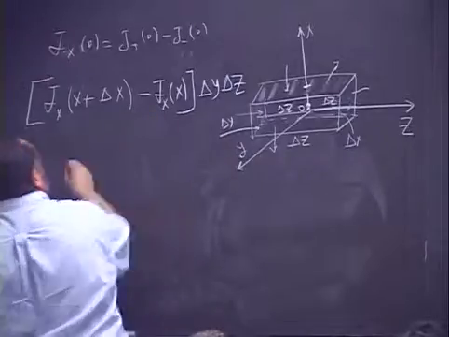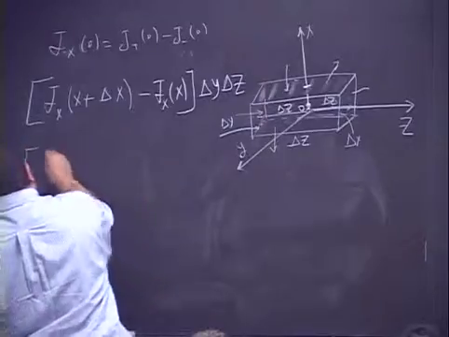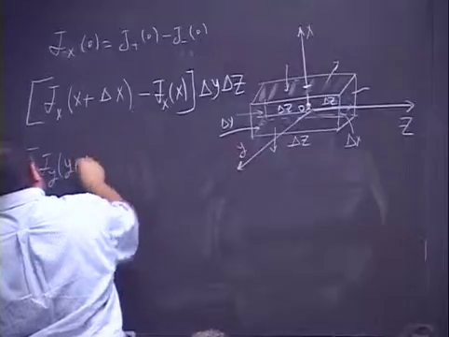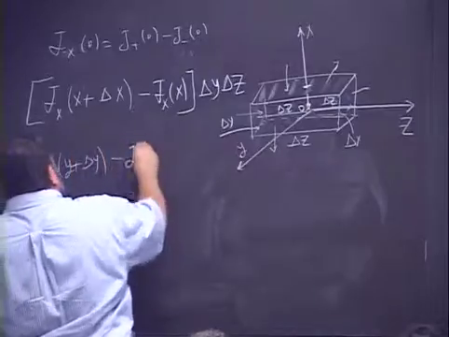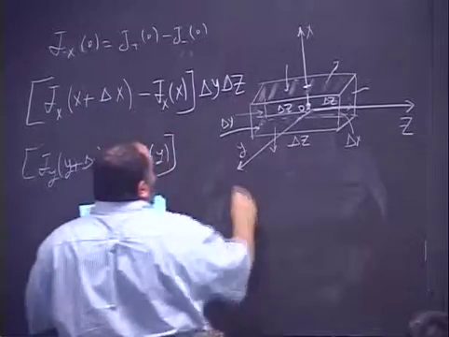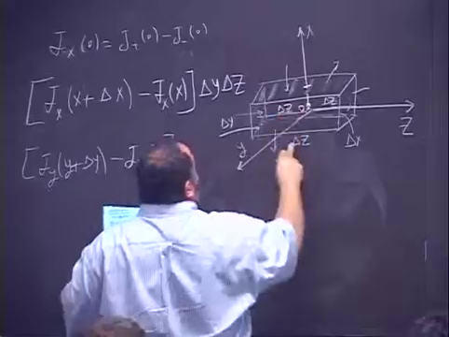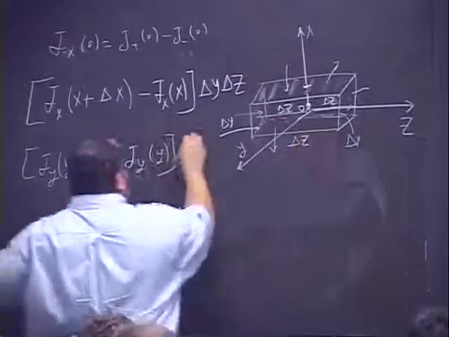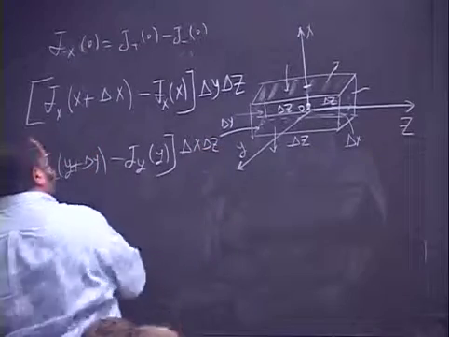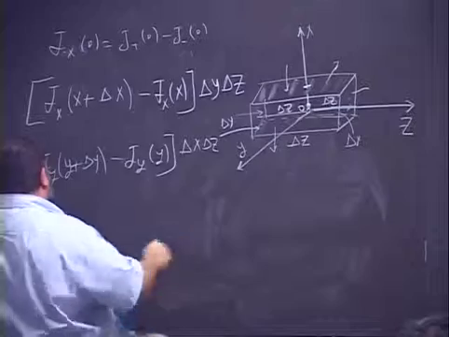Again, the net number of neutrons that gets in the y direction is just Jy at y plus delta y minus Jy at y, multiplied by the area in the y direction, which is delta x, delta z. So this is all the neutrons coming from all directions and leaving from all the directions.